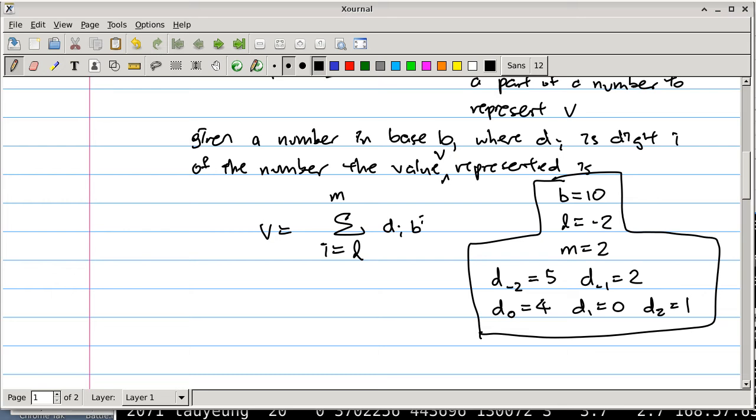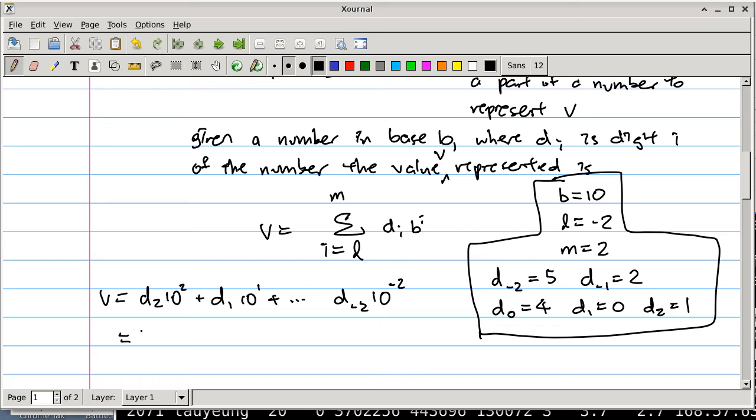It's going to be 104.25, right? Because if you plug in everything, what is V? V is now D2 times 10 to the power of 2 plus D1 times 10 to the power of 1 plus blah, blah, blah, D -2 times 10 to the power of -2. I'm just writing out the sigma, right?